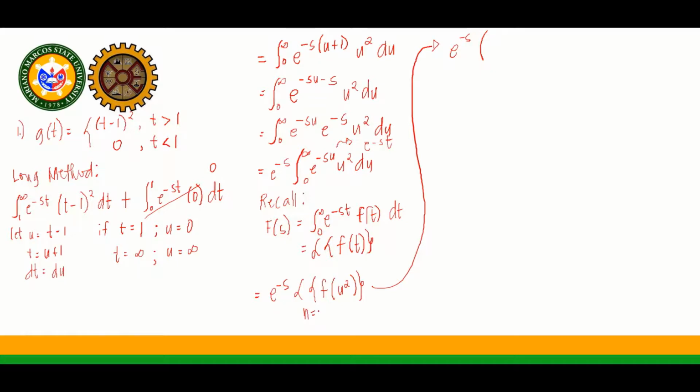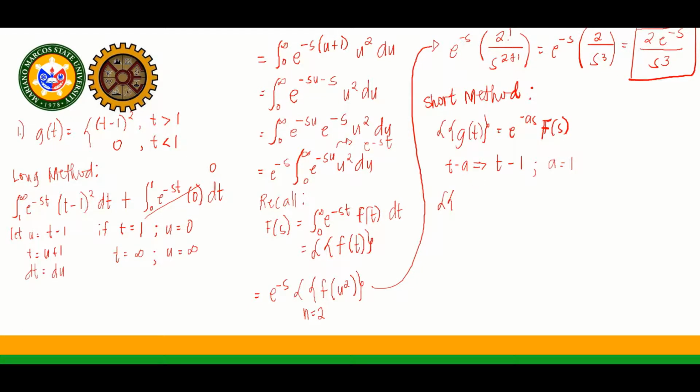Okay, n is equal to 2, so this will be equal to 2 factorial over s raised to 2 plus 1. So this is equal to e raised to negative s. What is 2 factorial? That is still equal to 2. So this will be equal to 2 over s cubed. And simplifying further, this is equal to 2e raised to negative s over s cubed. So this is our final answer for example number 1 in second shifting property.